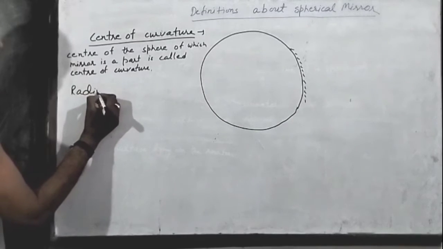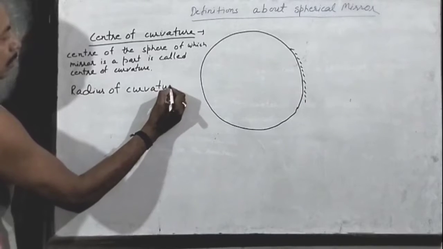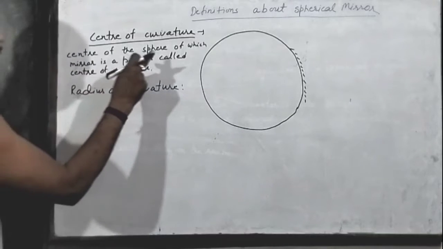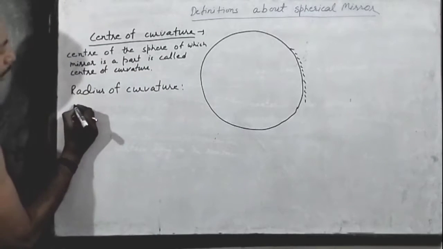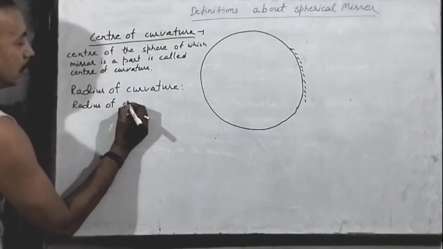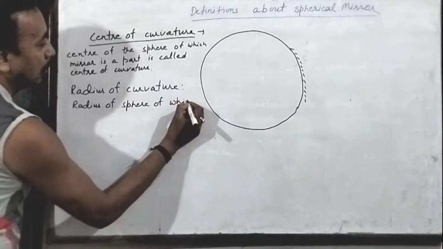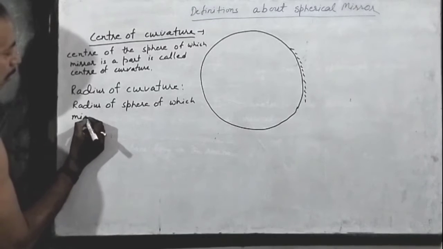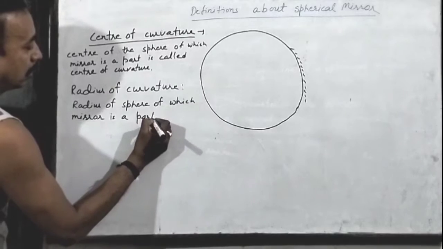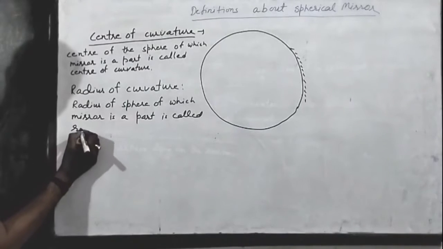Radius of curvature. Similarly, the radius of the sphere of which the mirror is a part is called the radius of curvature of the mirror.